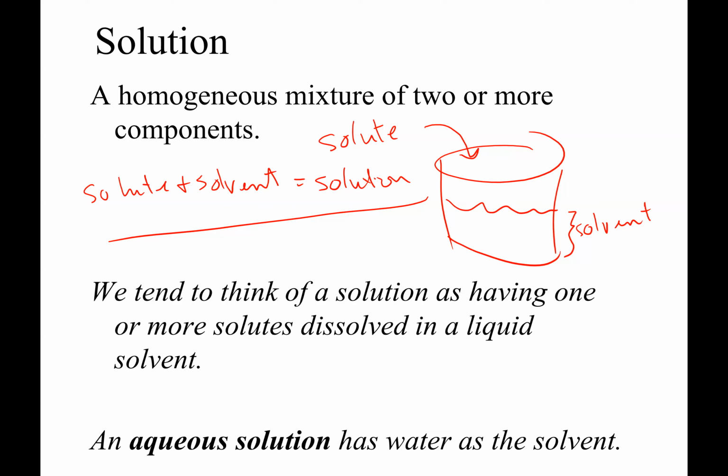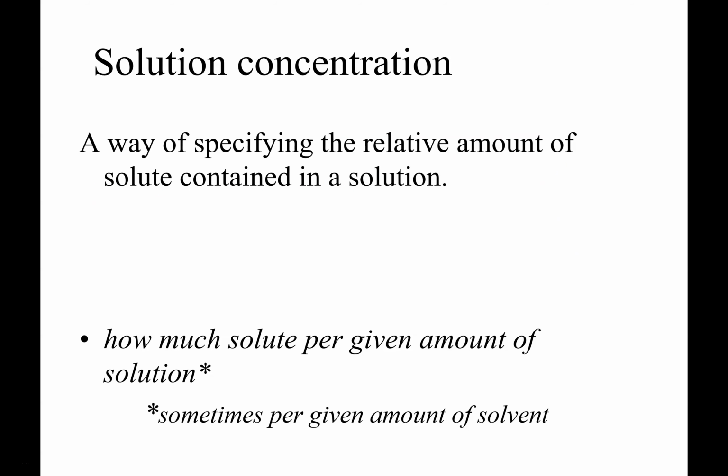So when we talk about solution concentration, usually we're talking about the amount of solute present. Solution concentrations usually are amount of solute per a given amount of total solution.